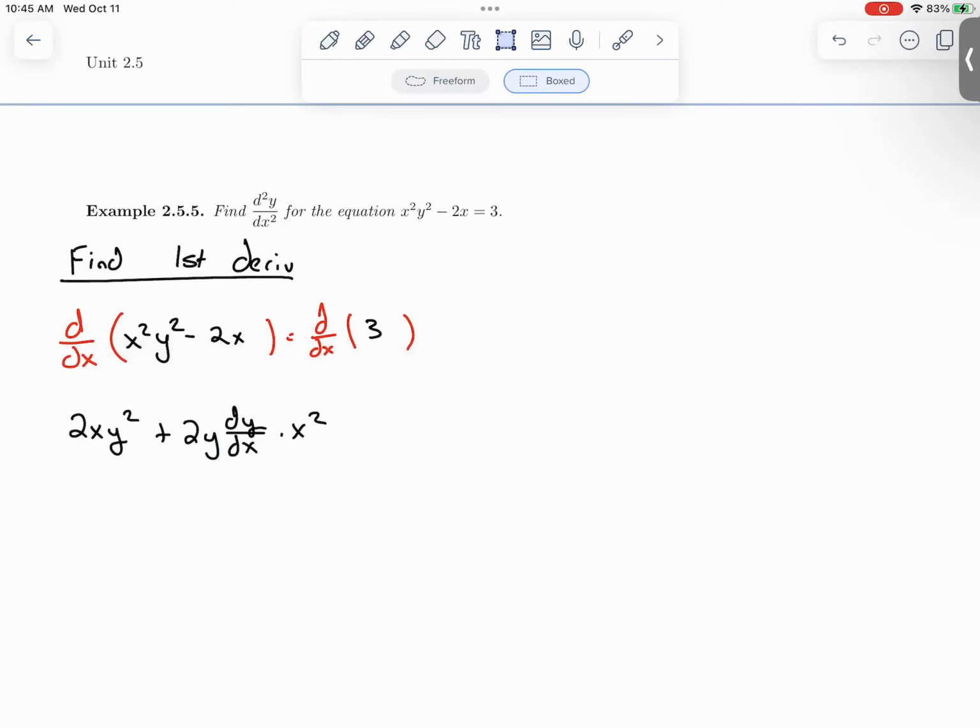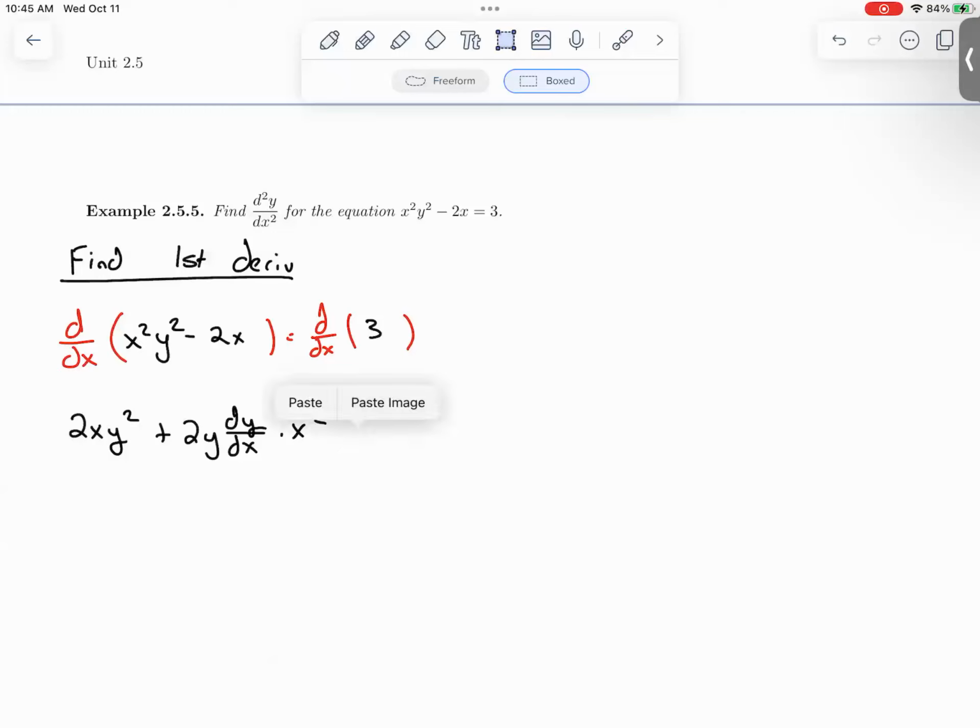F prime g plus g prime f. There's no chain rule going on here per se, because there's no inside and outside function. It's two functions being multiplied together inside the parentheses. There is a chain rule with the y squared, but that's a minor one.